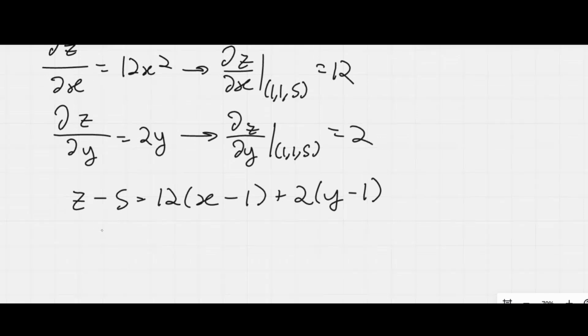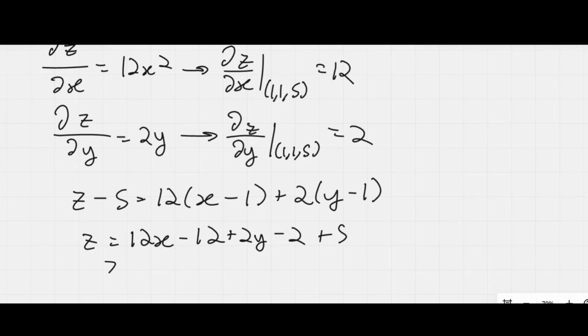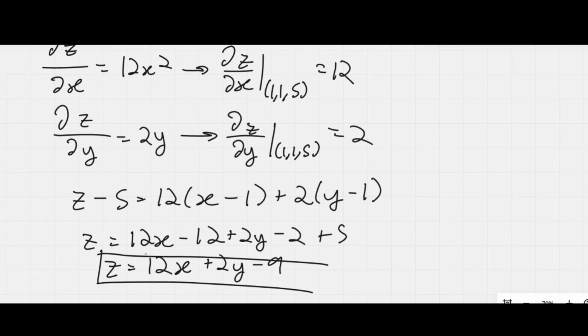We then simplify this equation to become 12x minus 12 plus 2y minus 2 plus 5, which is equal to 12x plus 2y minus 9. And so thus that is the equation of our tangent plane. Whoops, let me box that correctly.